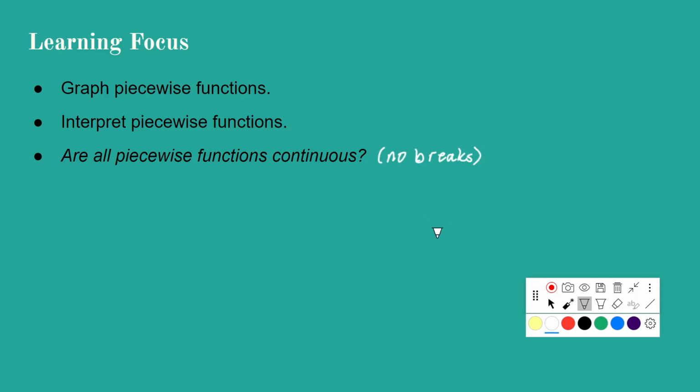So we're going to see if all piecewise functions are connected like we saw in lesson 4.1 as we continue through lesson 4.2. I'm only going to get a start on this lesson. I'm not going to go through the whole thing. Again, this is because I'd like you to have some time in class to practice in my absence.